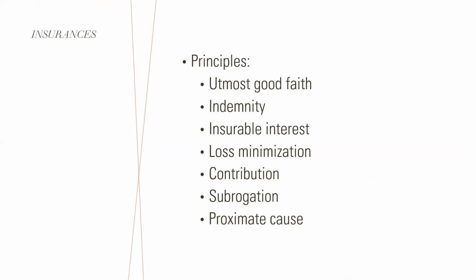There are 8 principles. First, utmost good faith. It means every party to an insurance policy should understand their role, their rights and responsibilities, and they should provide the other party with honest information. Second, indemnity. It means the insurer would indemnify the insured for the loss that is stipulated within the contract and not more than that.